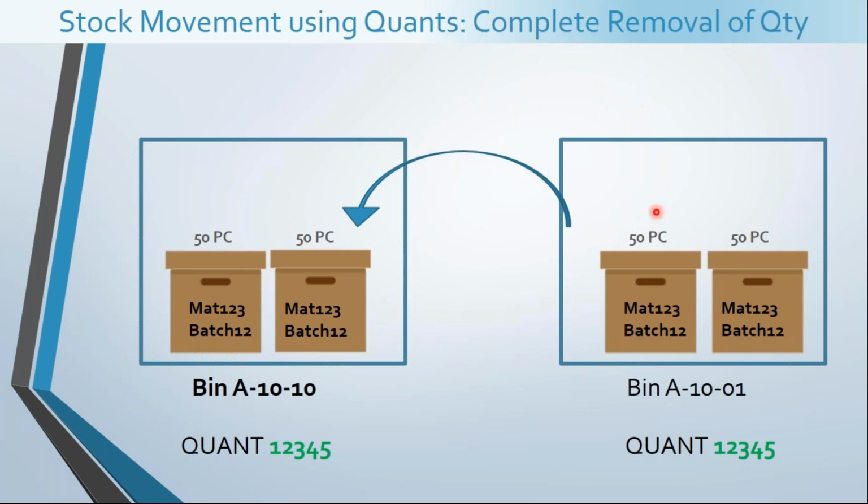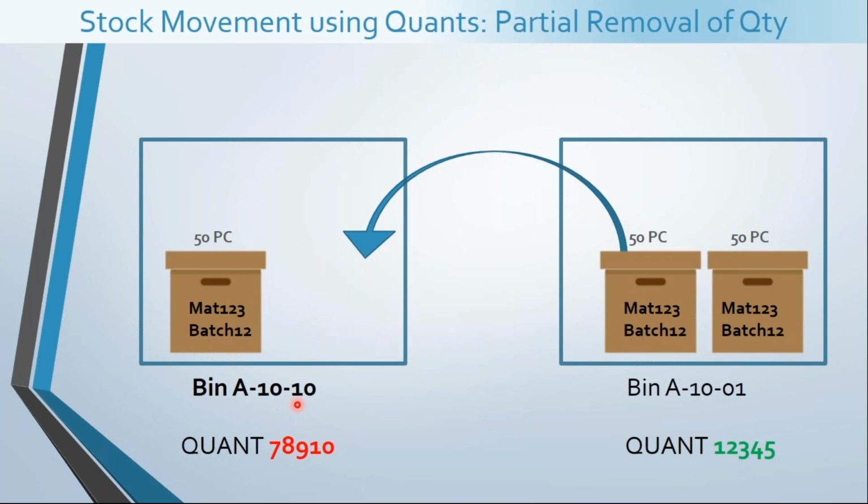Now let's say we remove these complete 100 pieces from bin A1001 to a different bin, bin A1010. So in that case, system doesn't create a new quant. It uses the same quant number. So after this transaction, system creates quant 1, 2, 3, 4, 5 in bin A1010.